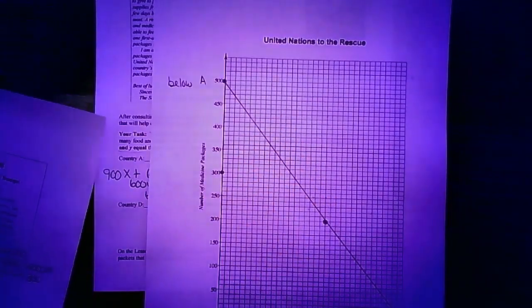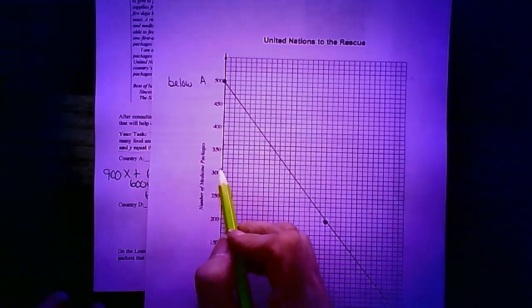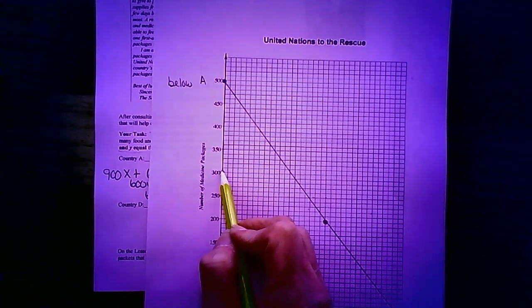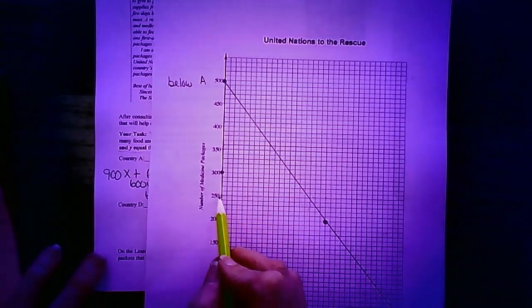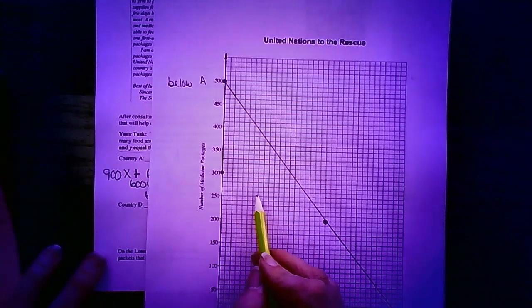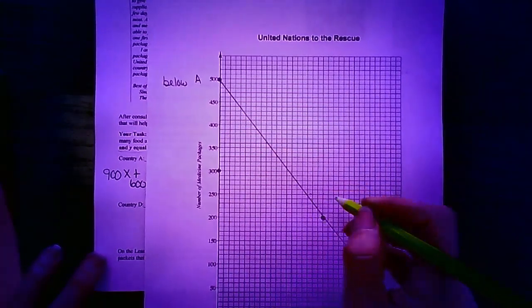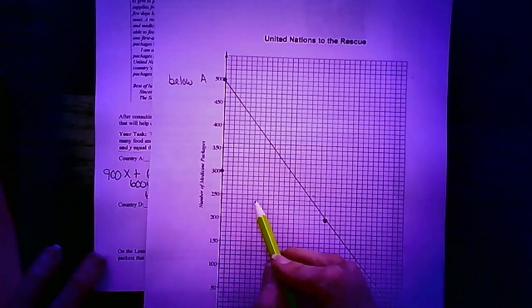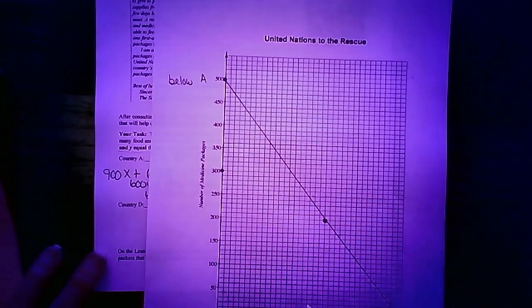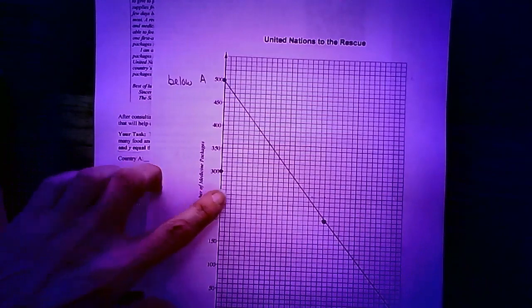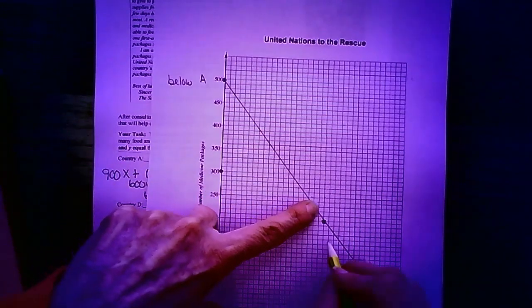If you're looking at your slope of negative 1/4, if I go down to 50, I will go over, let's see, 200. So let's see if I can, right here.